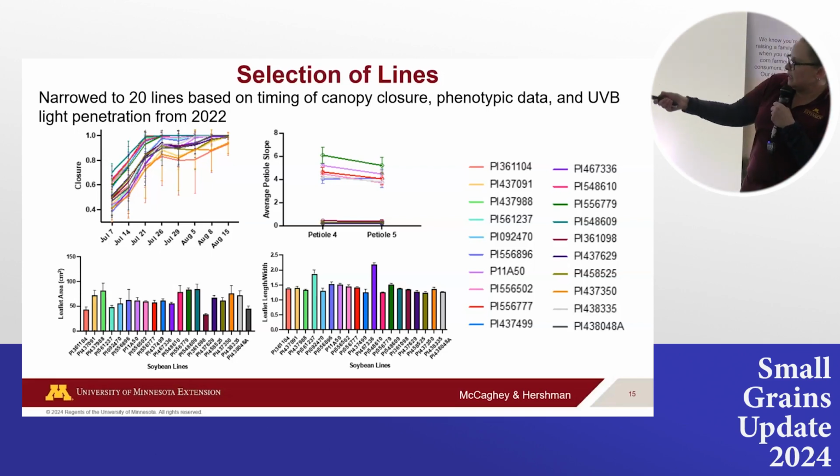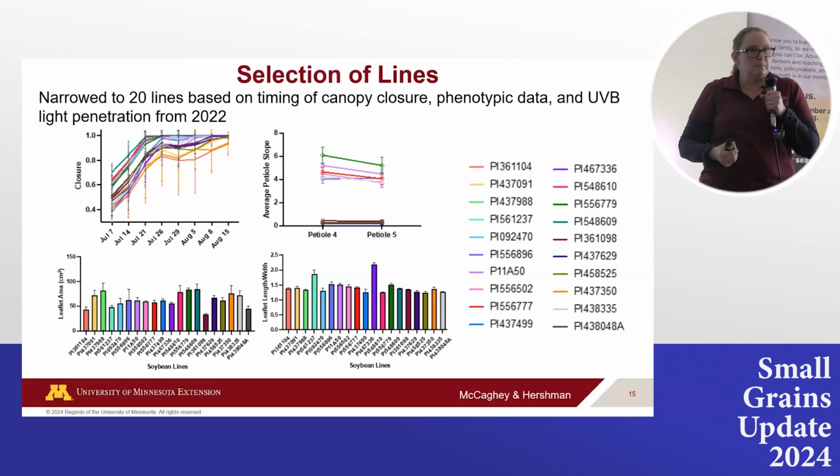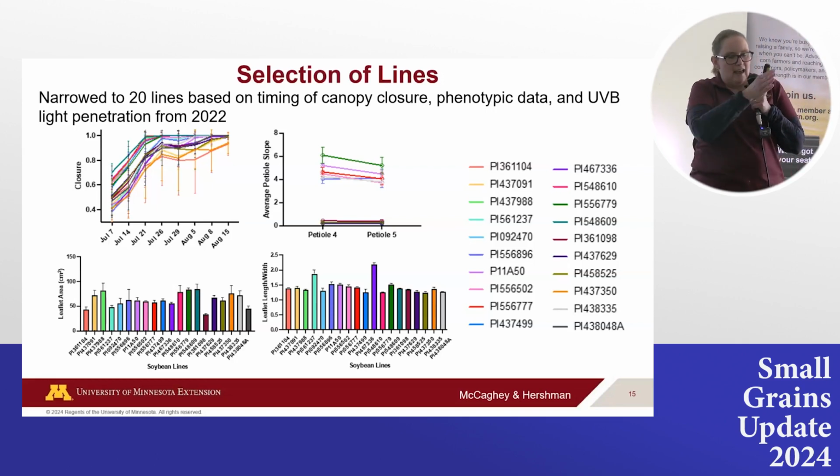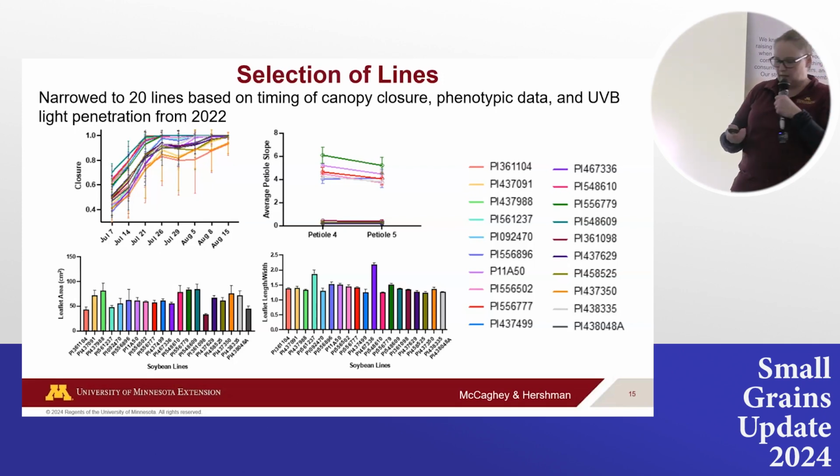So they looked at petiole slope, leaflet length and width ratio. That's basically leaf shape. They also looked at leaflet area and then UVB light penetration at different distances from the stems. They looked at all different things.